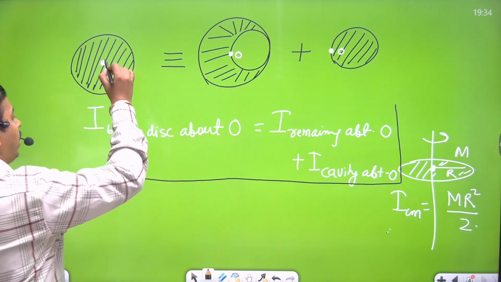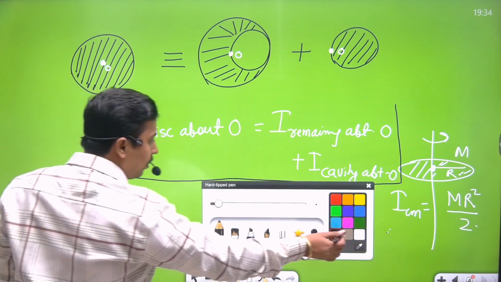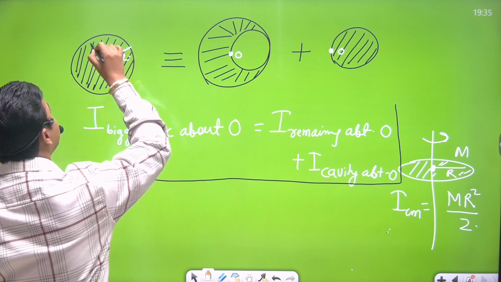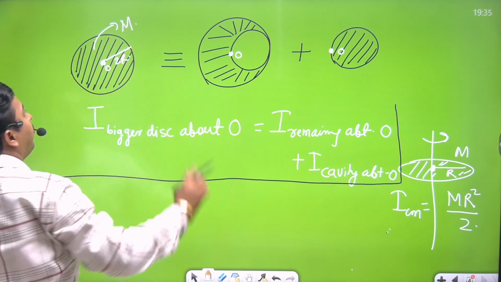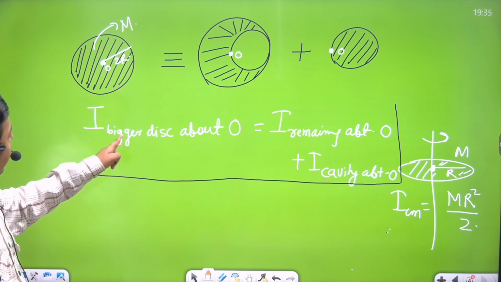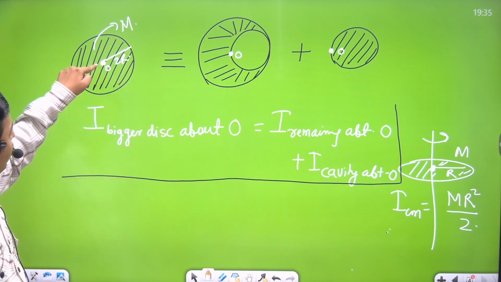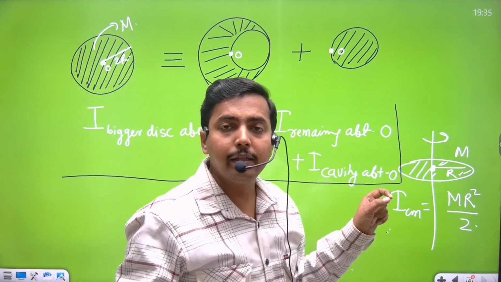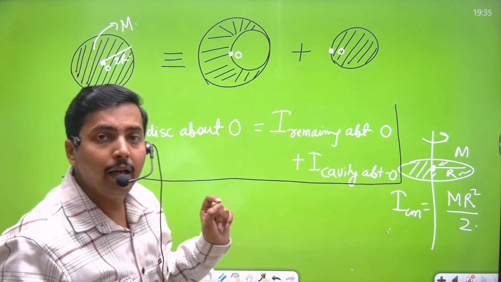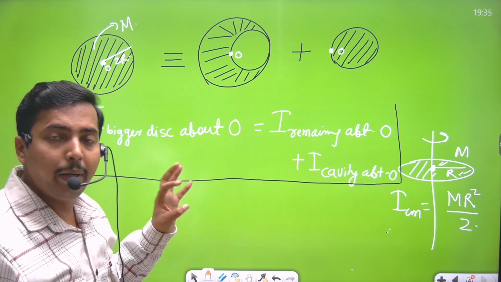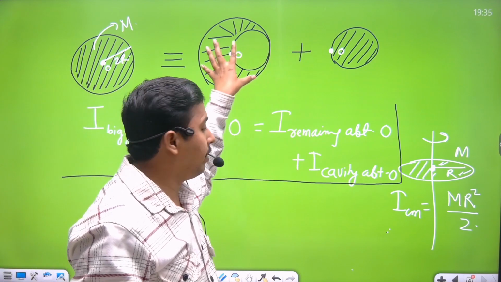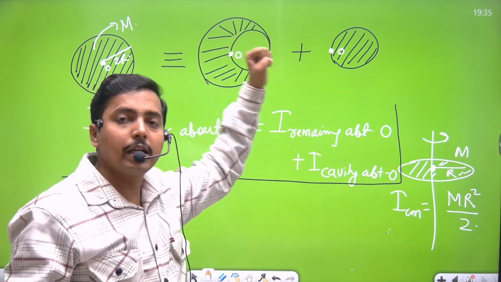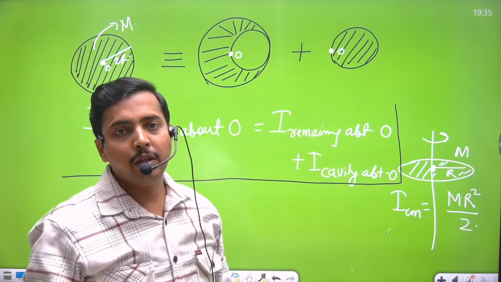The radius is given to be 2r, and the mass is capital M. So what is the I of the bigger disk about point O? O is the point we have demarcated, about which you have to find the moment of inertia of the remainder. This is the remaining part when the cavity is carved out of the bigger body, right?